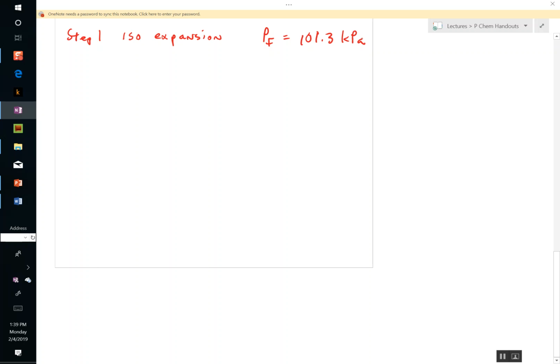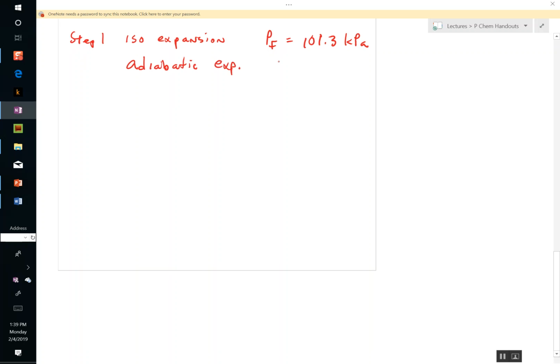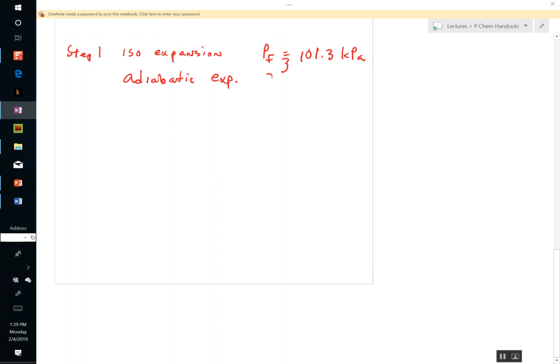Then it expands adiabatically to 300 K. Right? That's step 2. Yeah, that's step 2. And then 3, there's an isothermal compression. And there is an adiabatic compression.